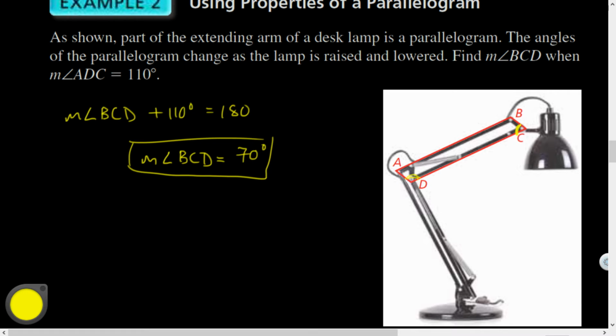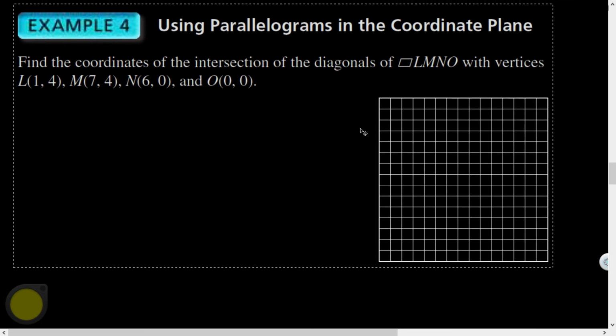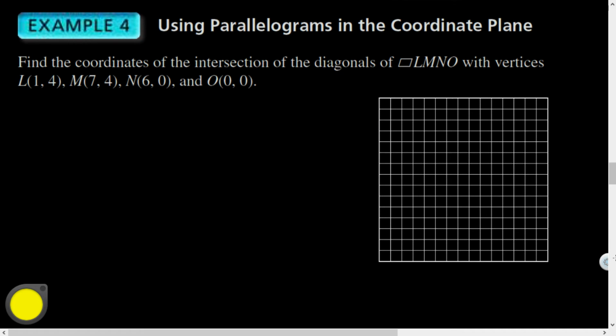I think I'm gonna jump down to example 4 for sake of time. It says, find the coordinates of the intersection of the diagonals of LMNO, with vertices as shown. So let's see, I'm just going to make this my y-axis, this my x-axis.